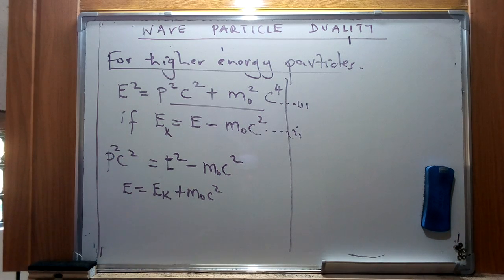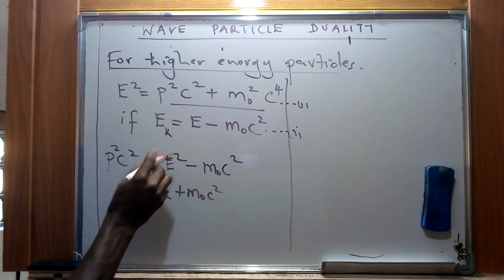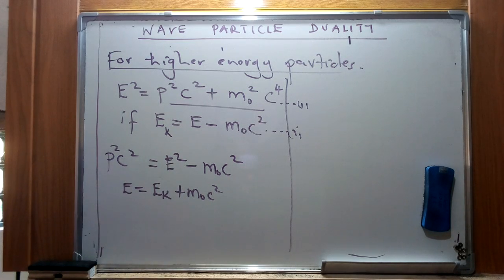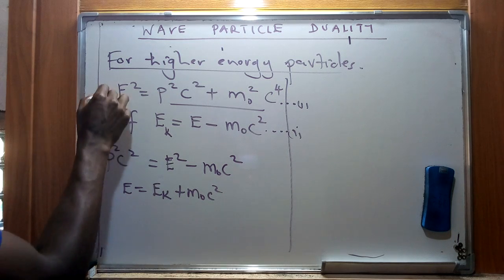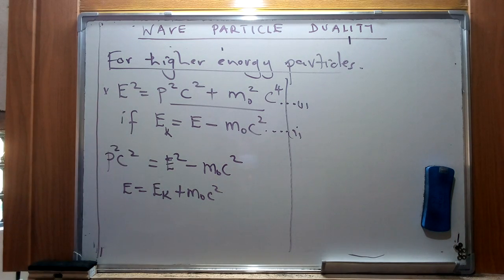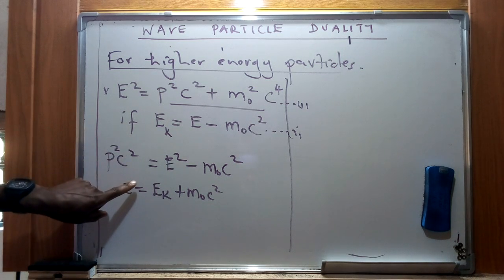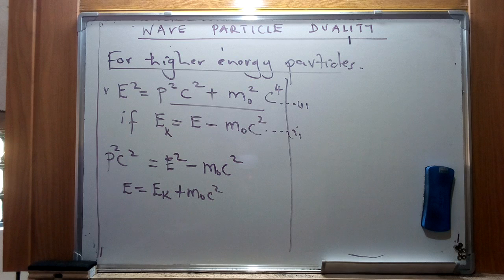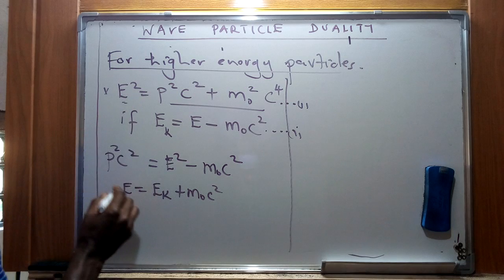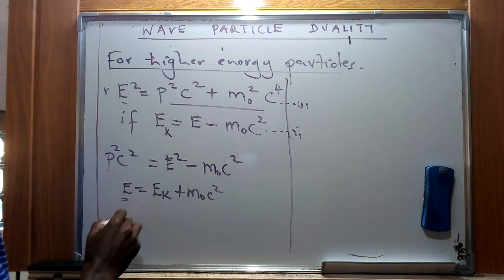So if we make E squared the subject of this specific formula, we can do a substitution for this E squared. From basic algebra we can obtain the value by squaring this equation.